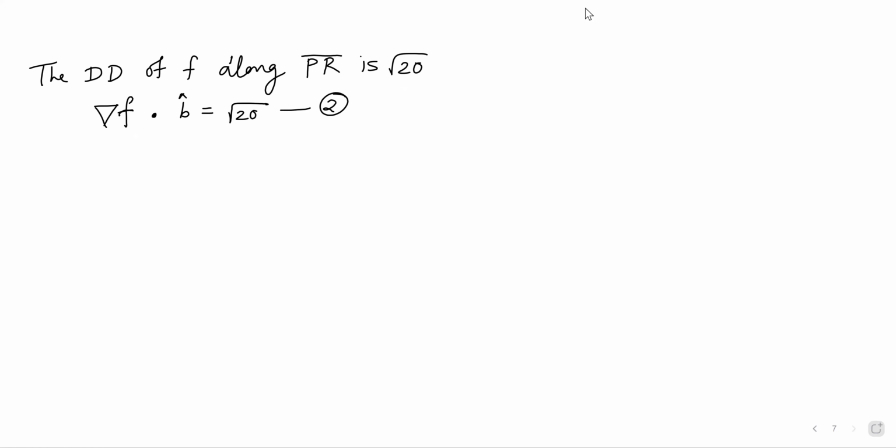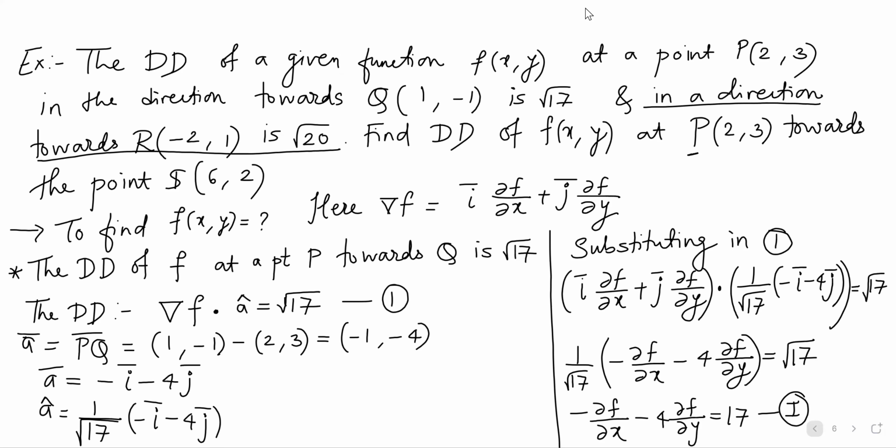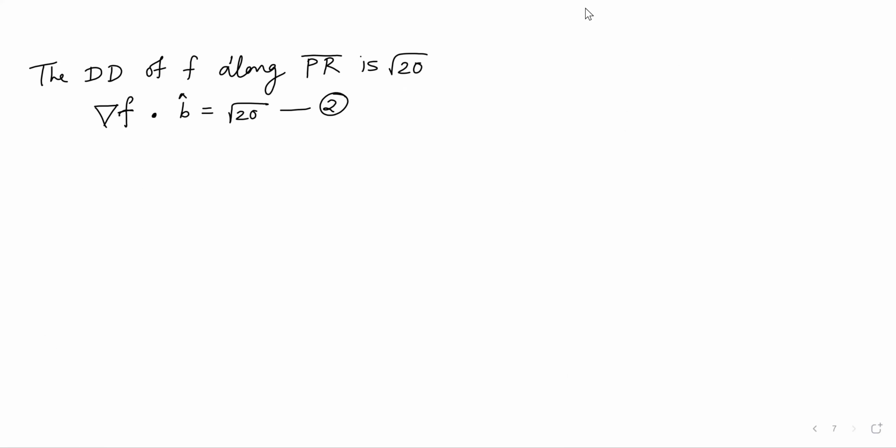And what is R? P is 2, 3 and R is minus 2, 1, correct? So it is PR bar, minus 2, 1 minus 2, 3. So what we get is minus 4 and 1 minus 3 is minus 2.